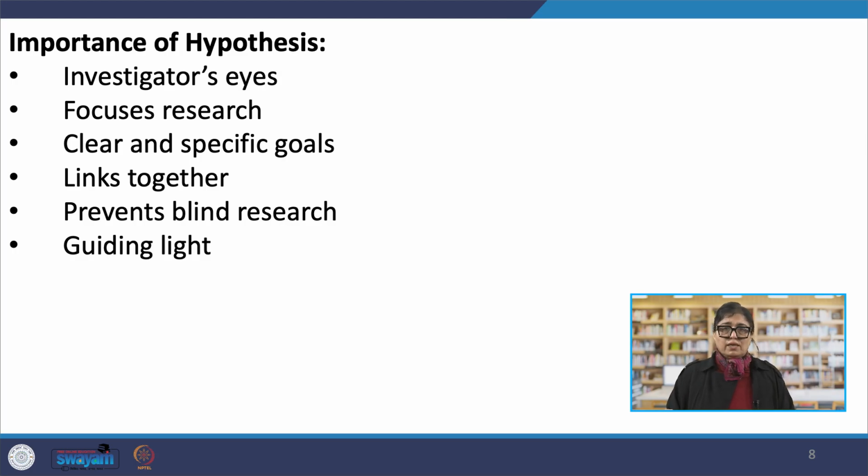Next coming, guiding line. Hypotheses serve as a powerful beacon that lights the way for the research work. It provides direction to research and prevents the review of irrelevant literature and the collection of useless or excess data. It sensitizes the investigator to certain aspects of the situation which are relevant from the standpoint of the problem at hand.